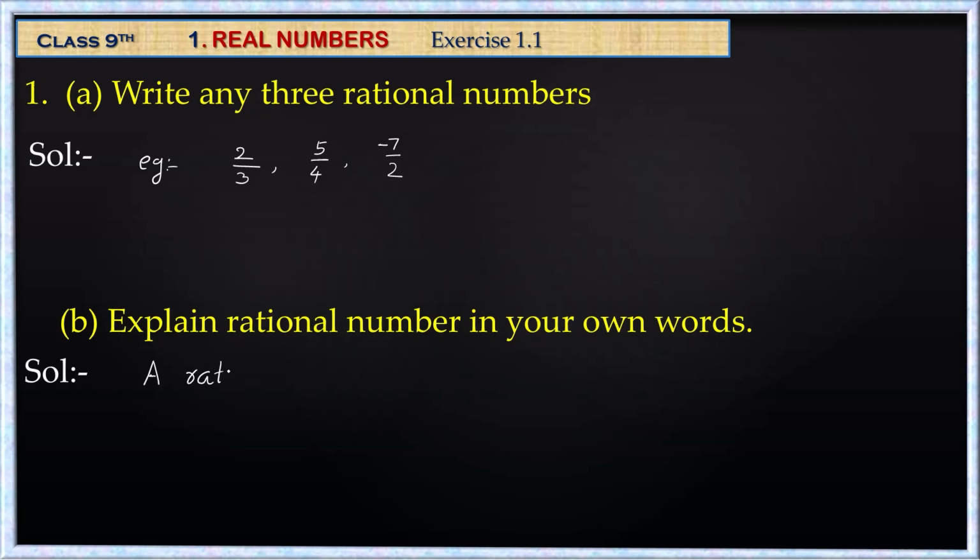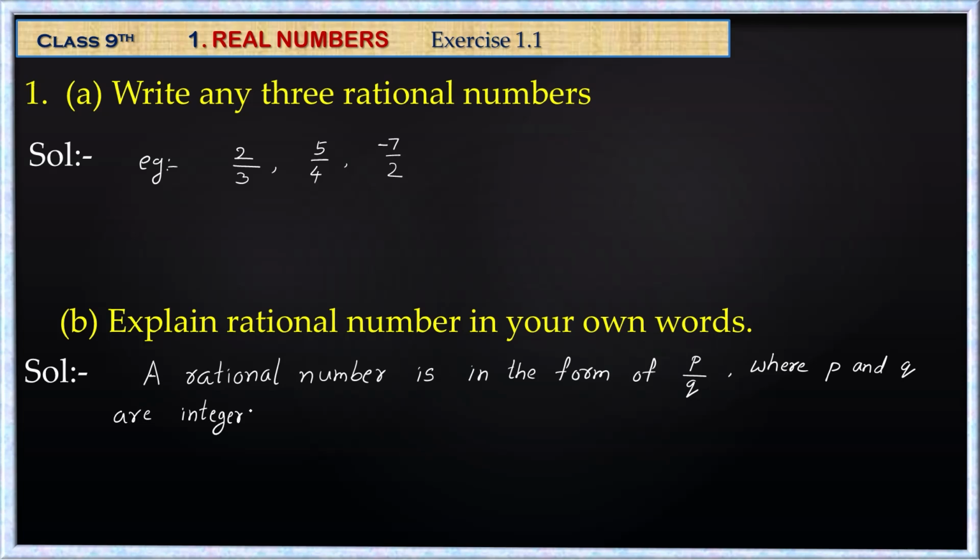A rational number is in the form of p by q, where p and q are integers and q is not equal to 0.